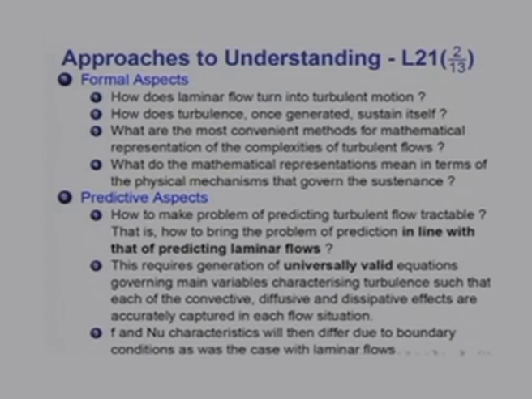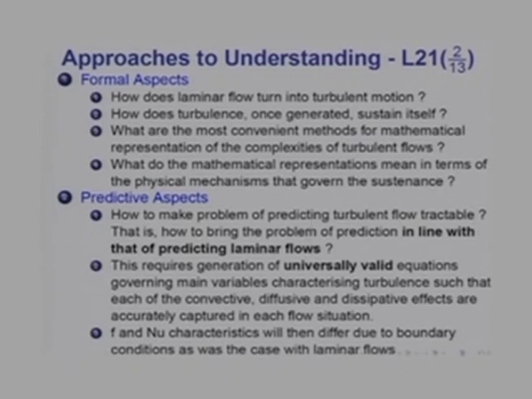By this we mean how to bring the problem of prediction of turbulent flows in line with that of predicting laminar flows. After all, we know already how to predict laminar flows through our earlier lectures. Can turbulent flow be brought down to the same pattern, as it were, so that friction factor and Nusselt number can be predicted?